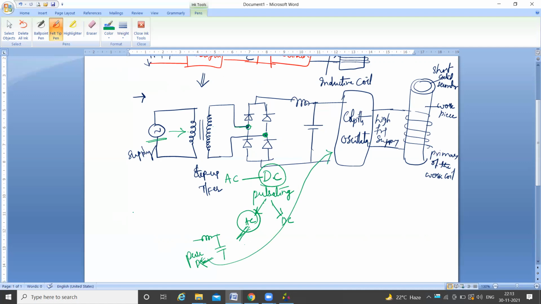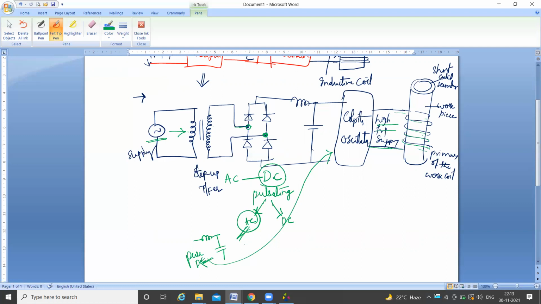Now the Colpitts oscillator produces a high frequency, high voltage supply, which is applied to the coil. Whenever the voltage is very large, the flux induced on the primary side is very large, and this flux is cut by the secondary coil, which is acting like a short circuit.